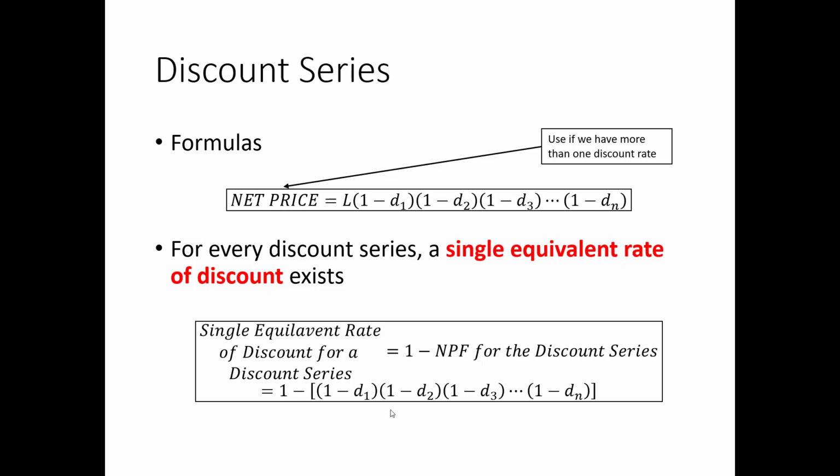So we go 1 minus each, within brackets, each respective discount, multiply them all together within the square brackets, and then subtract that number from 1, and that gives you the single equivalent discount rate. And that allows us now to compare across all vendors: ones that offer 1 discount, those that offer 2, those that offer 3, those that offer 4, and so on. So a very useful formula, right? Because we want to make sure we're getting the best deal.